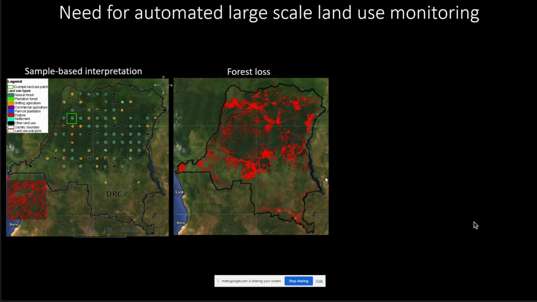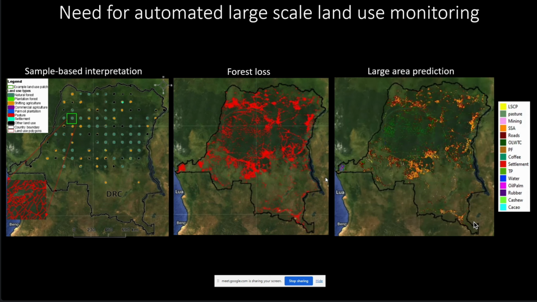For our approach, we aim to use deep learning instead of visual interpretation by human experts to identify land use at a very large scale, and for every at-risk pixel where deforestation is happening, to assign a label to where conversion is taking place and what kind of activities are causing this deforestation.